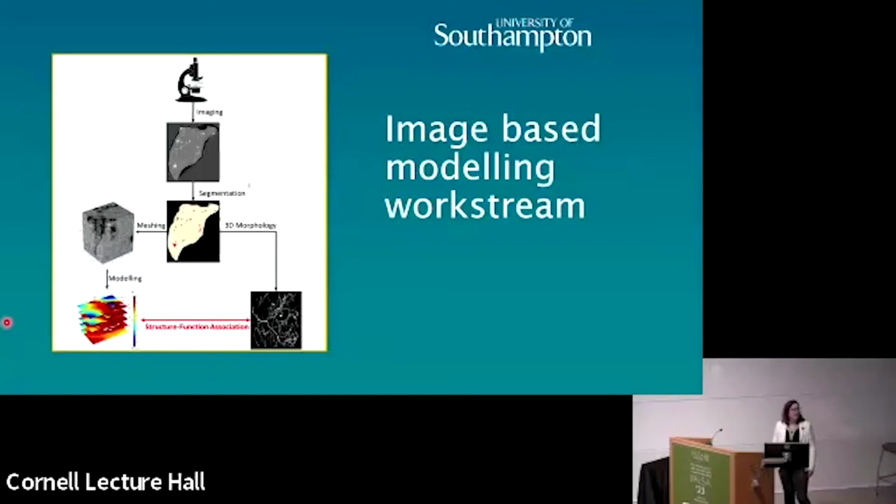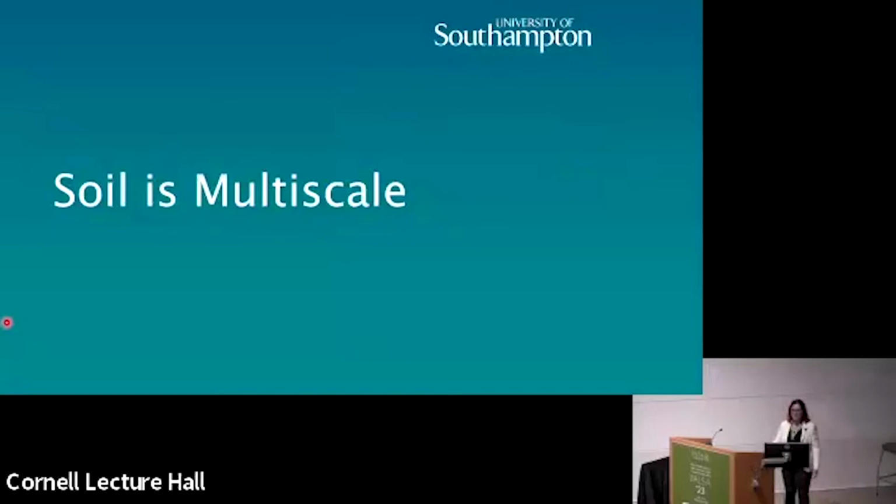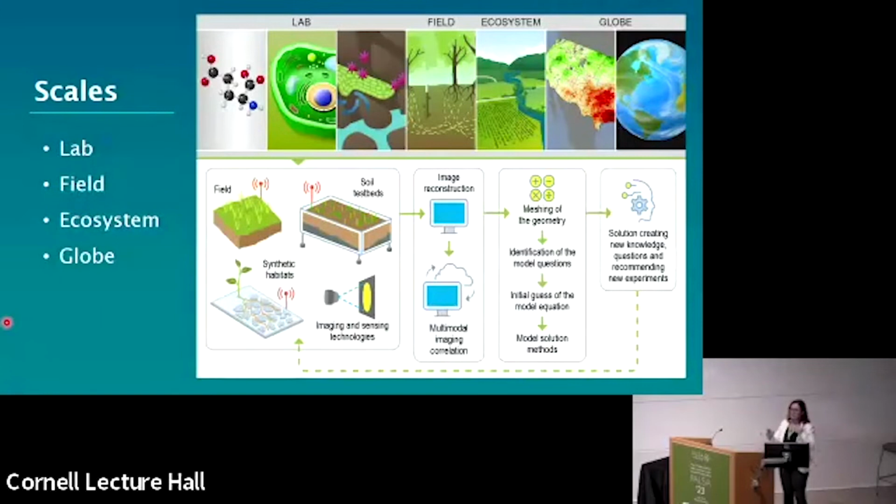But the big problem for soil modeling is that the soil is multiscale. And we've already seen various different examples of this. This picture is from a recent review paper we did with EMSL, so there are different phenomena happening from a very fine molecular scale to cellular scale to field, ecosystem and globe scale.